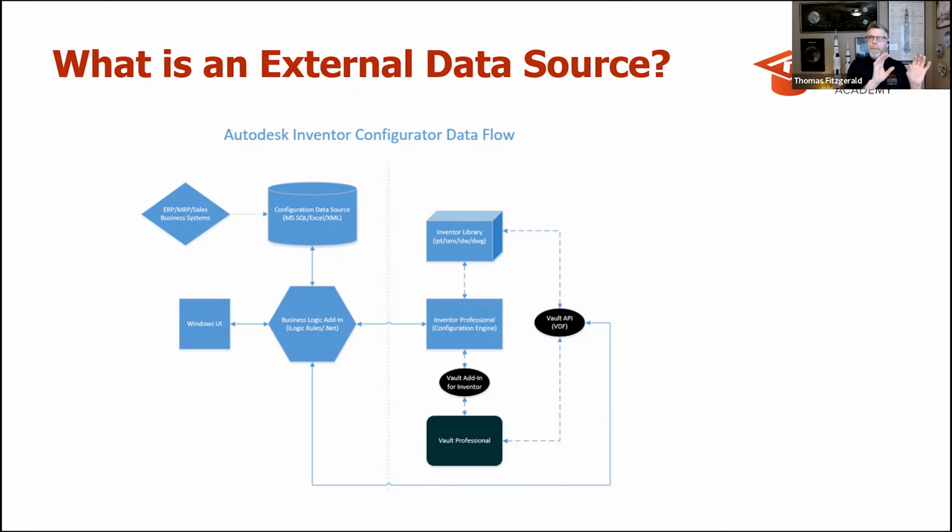External data sources can provide some assistance in that regard, and can be leveraged to input, edit, and then output variable information needed for model and even drawing configuration. If you're looking at this graphic here, right where my cursor is swirling is really where within this workflow external data sources live, right?